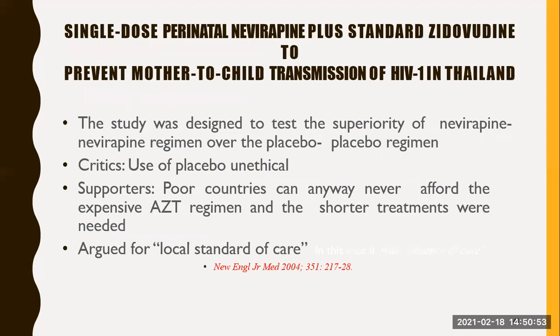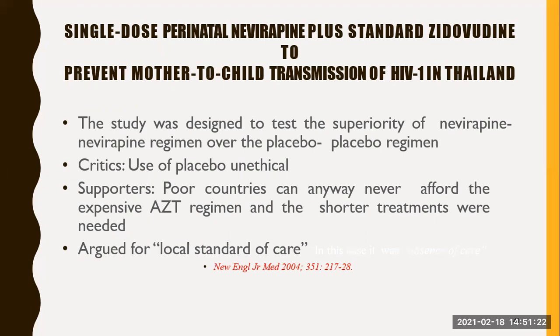Okay, then an example in which the ethics were not followed is this particular study: single dose perinatal nevirapine plus standard zidovudine to prevent mother to child transmission of HIV-1 in Thailand. Okay, so this study was designed to test the superiority of nevirapine regime over placebo regime.